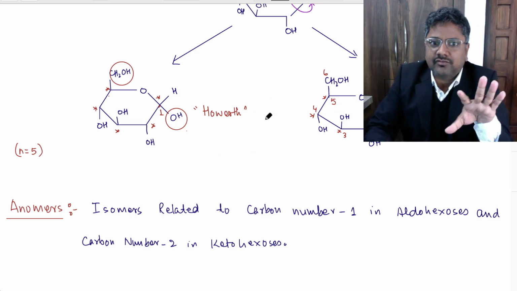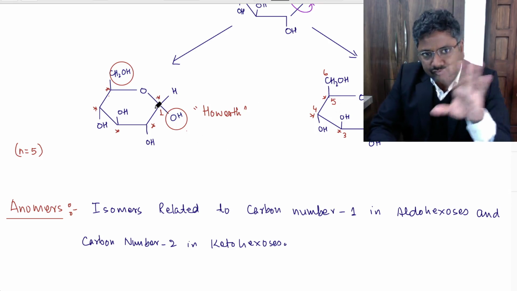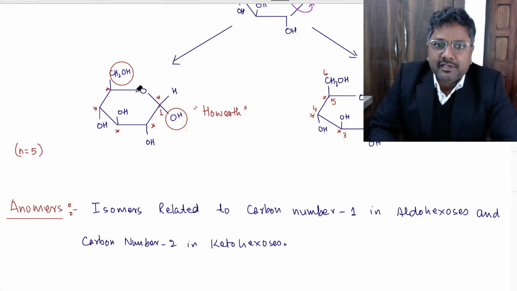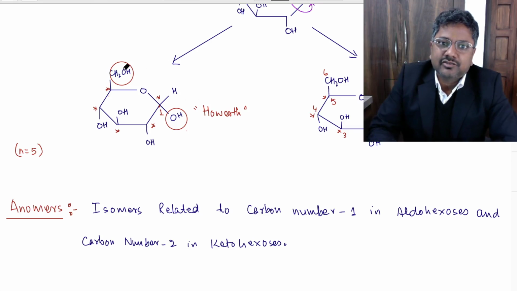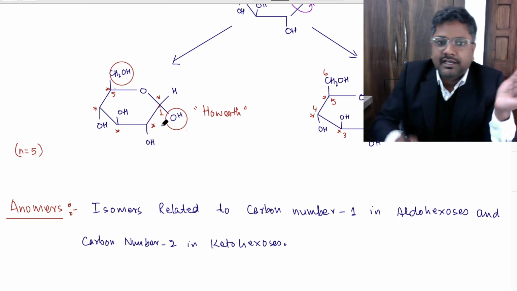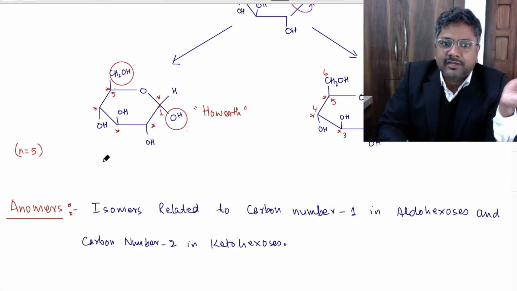So in this Haworth formula, if your oxygen is at the top right hand side, and the bulkier groups of C1 and C5 are opposite, then this anomer is known as alpha anomer.